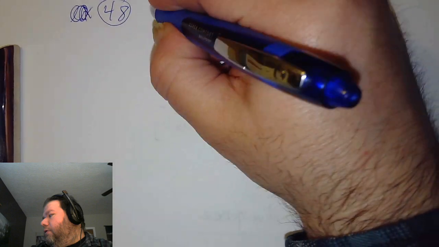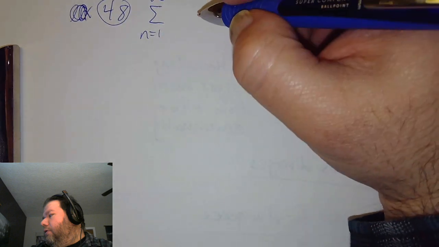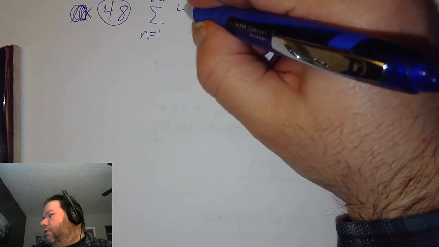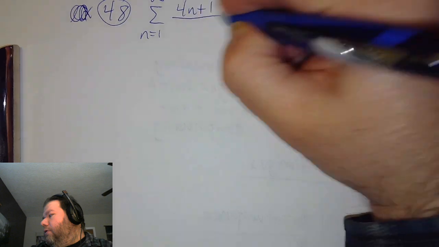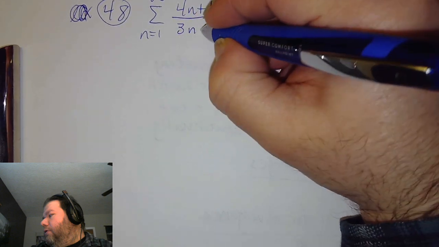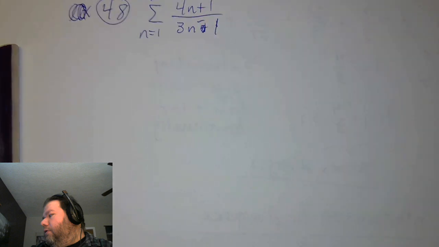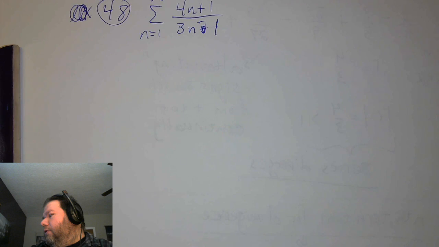We sum n equals 1 to infinity of 4n plus 1 over 3n plus minus 1, sorry. Actually, it doesn't matter in this case. 4n plus 1 over 3n plus 1.